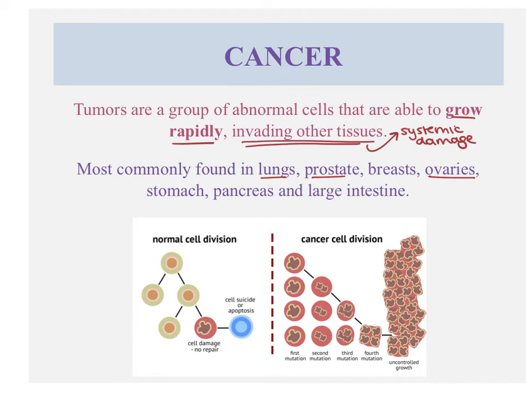The stomach, the pancreas and the large intestine, so all of those digestive organs are going to be really knackered regularly. Your stomach's working all the time. Your pancreas is constantly monitoring your blood levels. Your large intestine with its brush border is going to be damaged over time. Because of that, they're replaced very regularly, and so the cells have a higher chance of getting those mutations that cause the cancer.